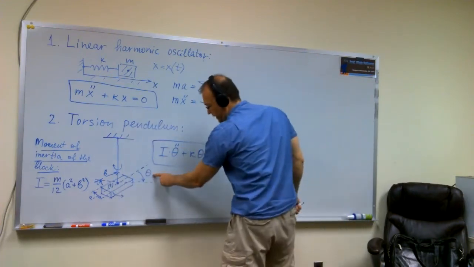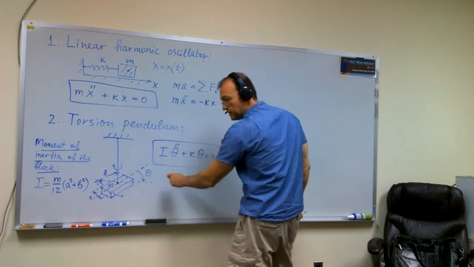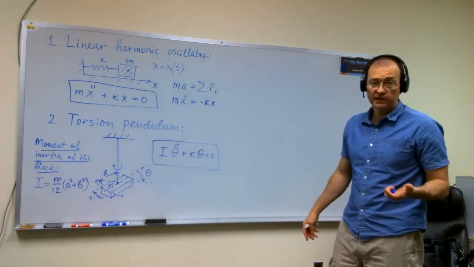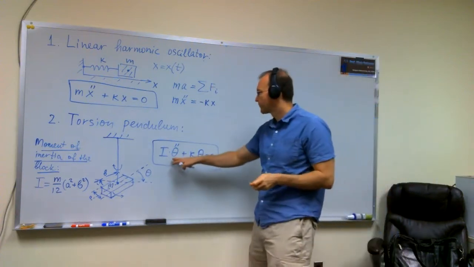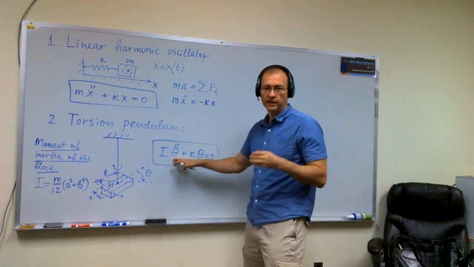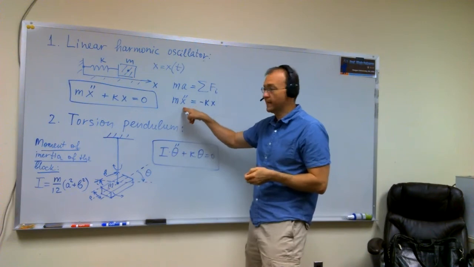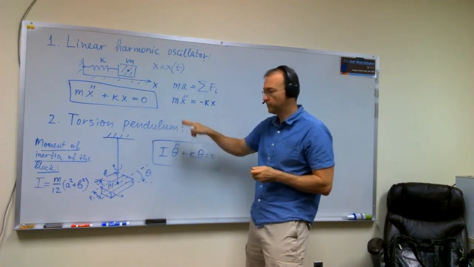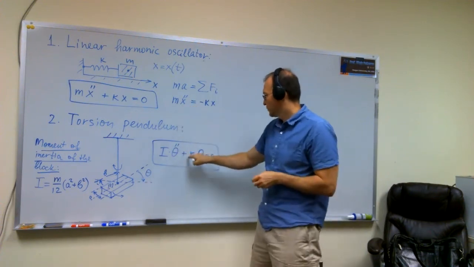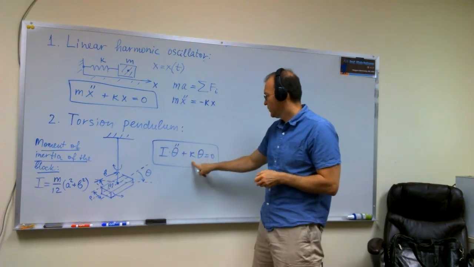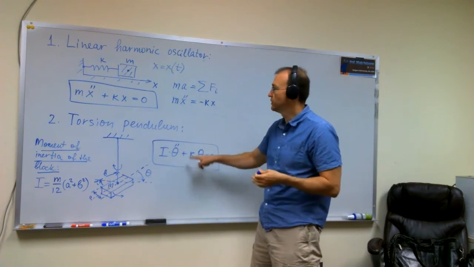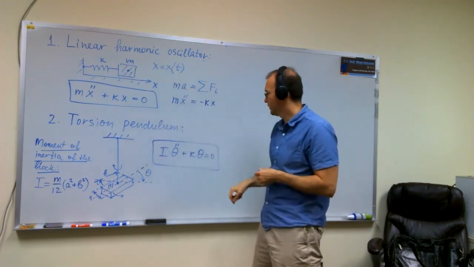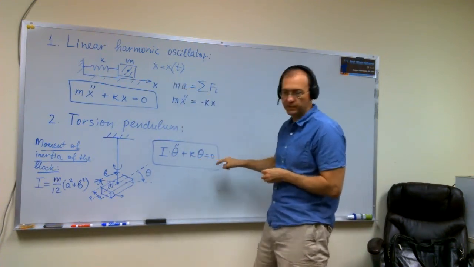And this theta angle can be used as the coordinate to describe the motion of the block. So theta here is in full analogy to x for the linear motion, okay? Then it goes like this, plus k, which is a torque constant, kind of analogous to the spring constant in that problem, times theta equals 0, okay?